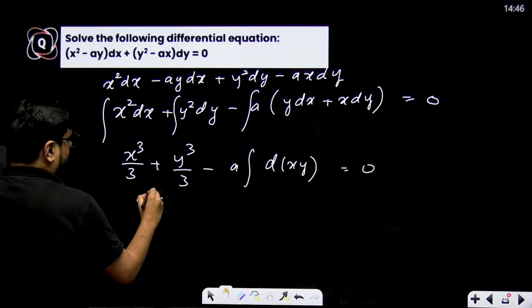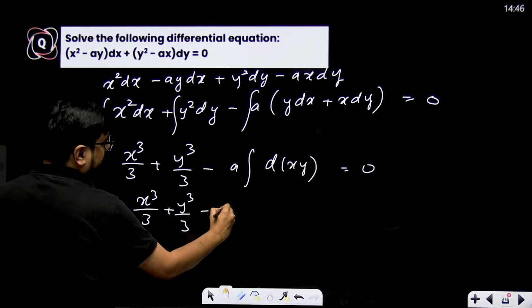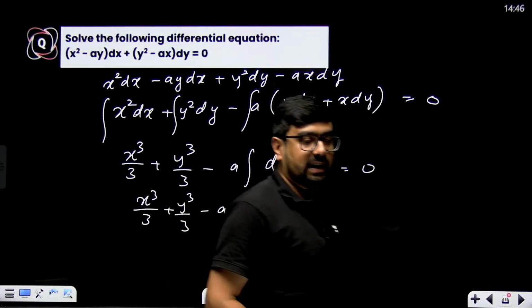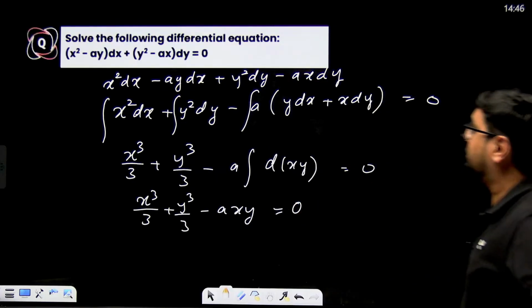Integration of d of xy will become xy directly. So x cube by 3 plus y cube by 3 minus axy equal to 0. This will be our final solution.